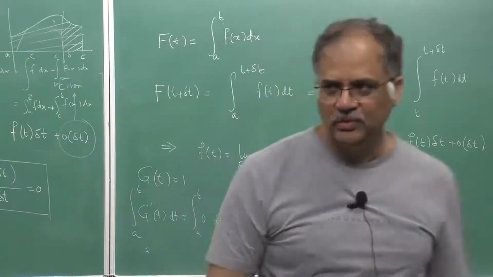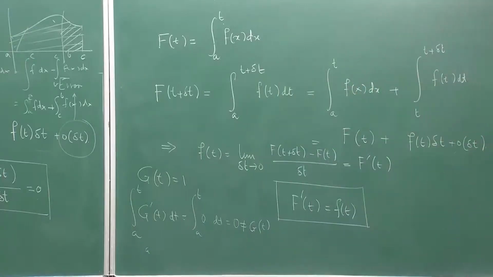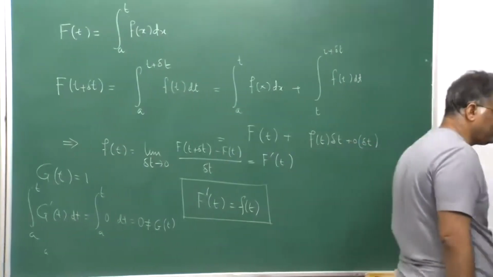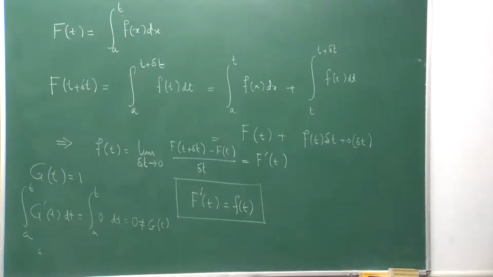You should think a while about what is essentially going on. The issue is not really this. So where does my problem lie? What sort of function does the integral of g dash t from a to t represent? It actually represents the 0 function. It is not representing the gt function.